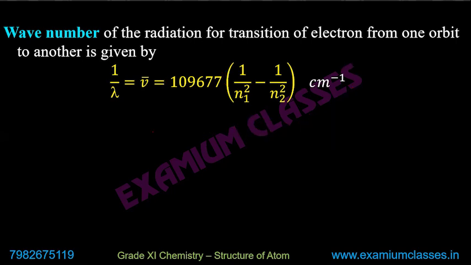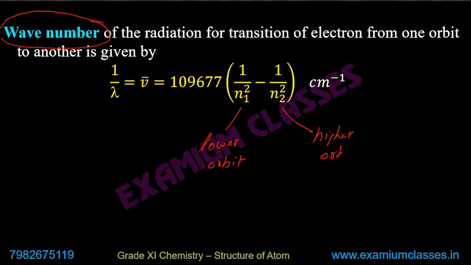One more important point when you are calculating wave number. Wave number is just a number: how many waves in 1 centimeter, for example, per centimeter. So in 1 centimeter, how many wavelengths are there? This can never be negative. So this will always be the lower orbit, and this will always be the higher orbit in this formula.